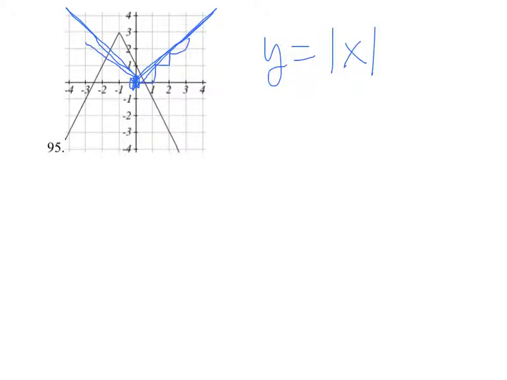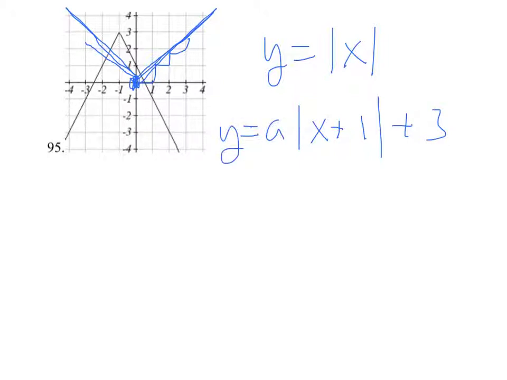Okay, so what I'm seeing is this vertex has been moved left 1, up 3. So absolute value of x plus 1, because it's minus whatever the left-right shift is, then up 3.